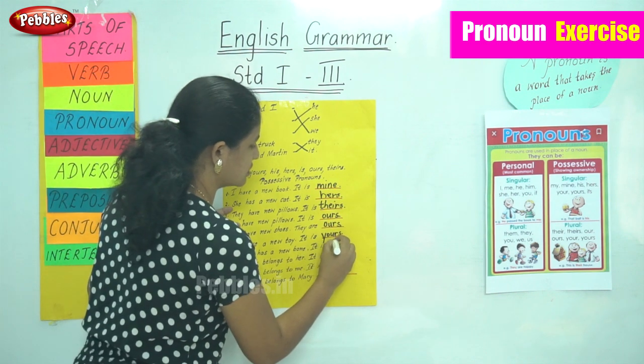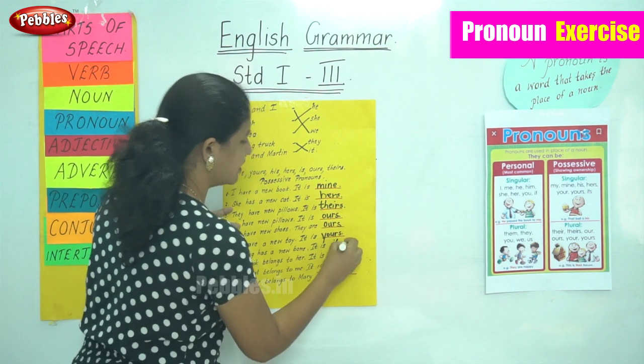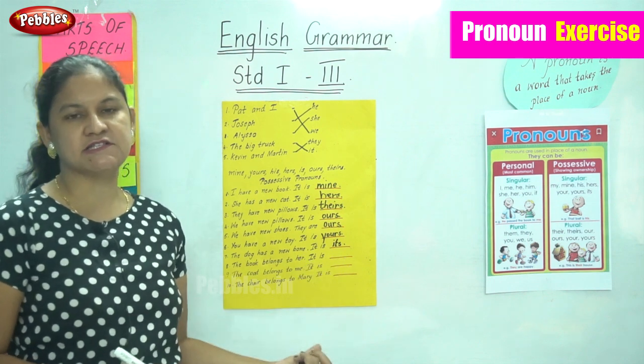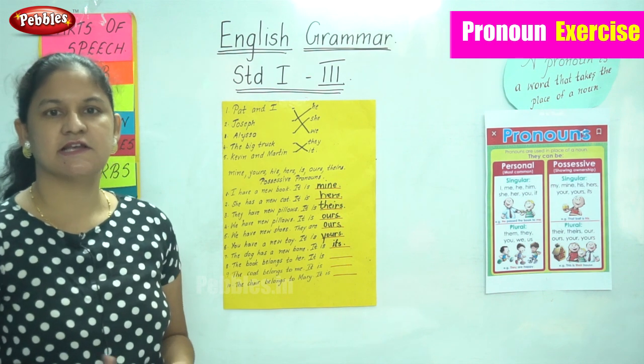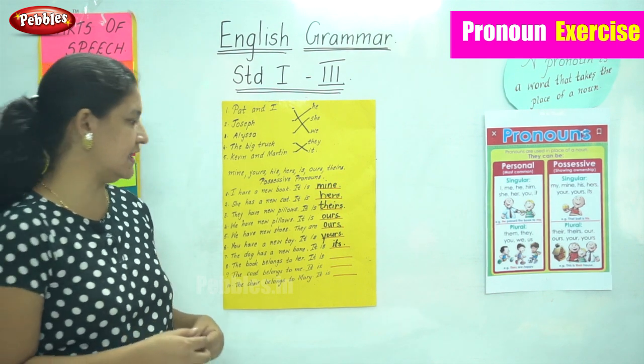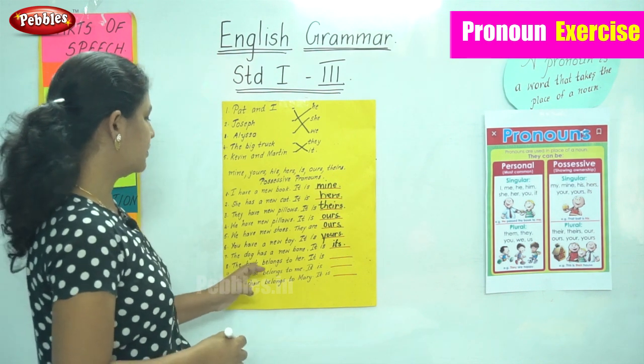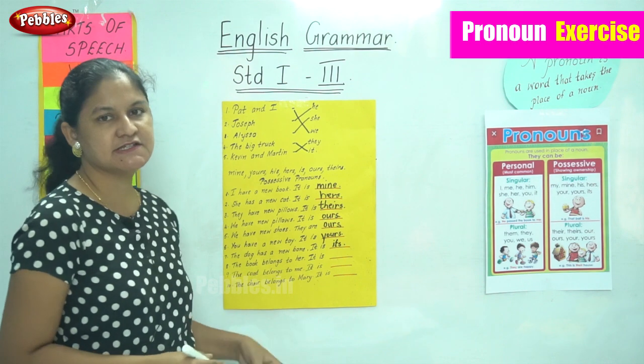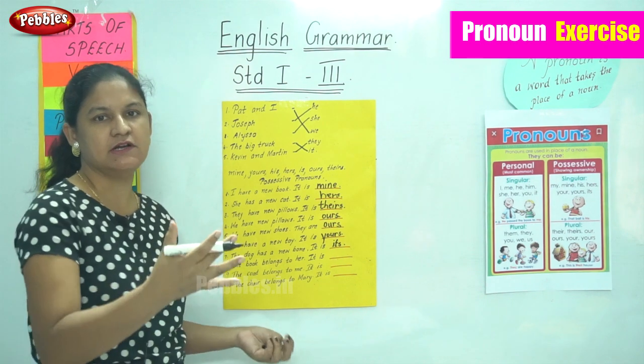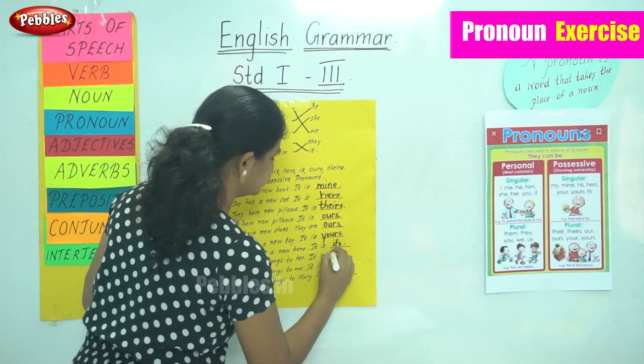The bone belongs to the dog, and we use the word its for a non-living thing. So the bone is a non-living thing. Next, the book belongs to her, it is hers.